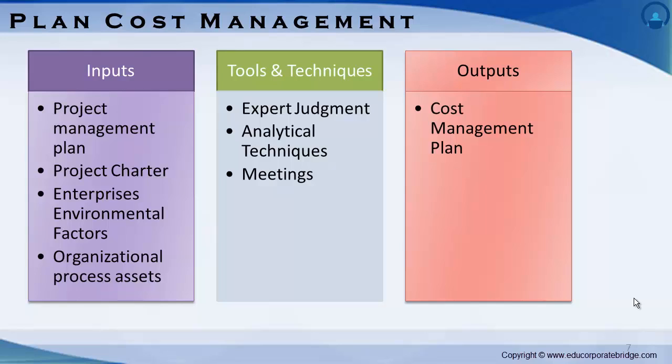It is used as an input as some of the factors like market conditions, etc. might influence project cost. Fourth, organizational process assets. It is used as an input as some of the historical information might be helpful in preparing the cost management plan.